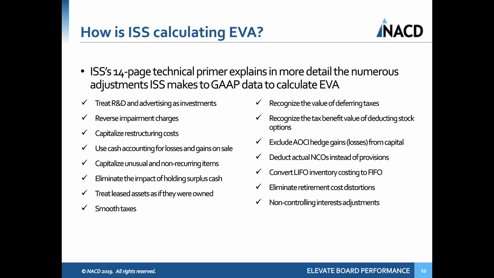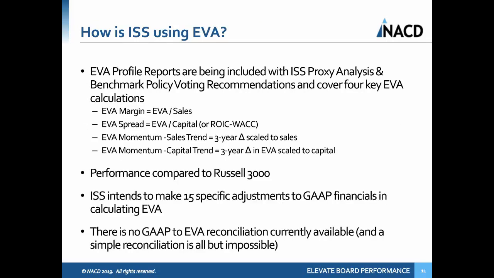Sure. So jump back to that slide here. You have these 4 measures: EVA margin, EVA spread, and then the 2 different types of EVA growth metrics. When companies are using EVA incentive plans, the EVA goal is typically expressed as a simple EVA goal: generate X million dollars worth of EVA.